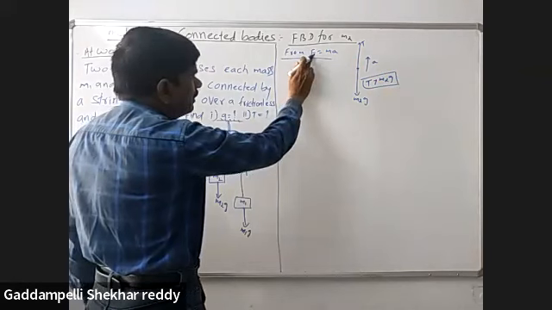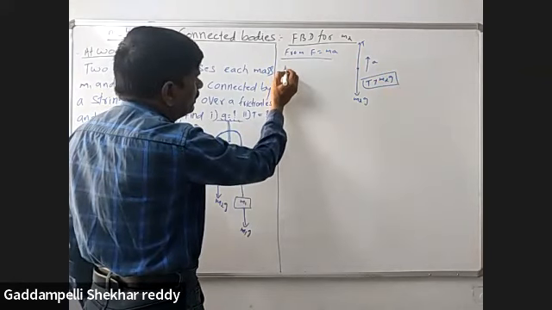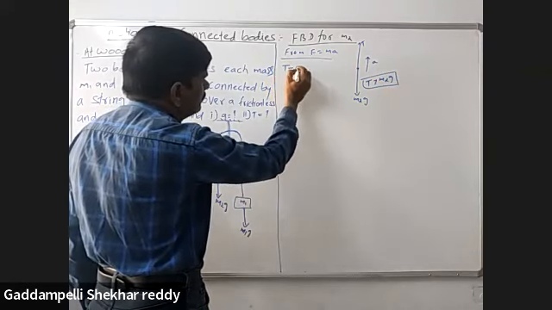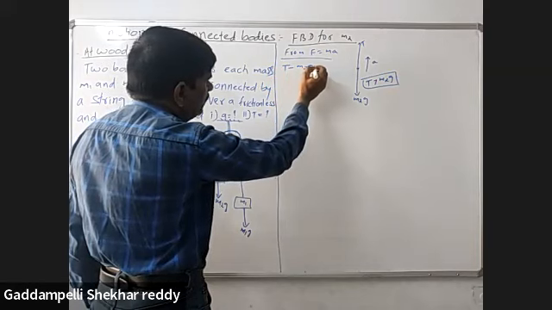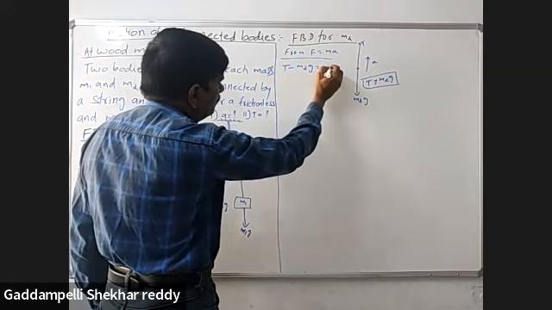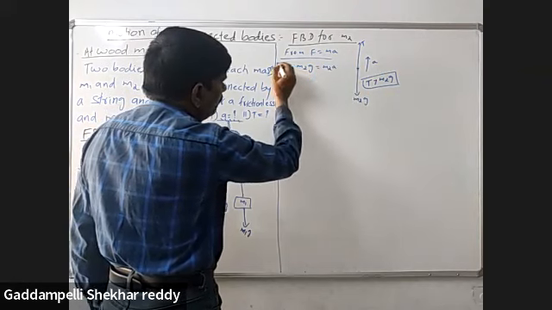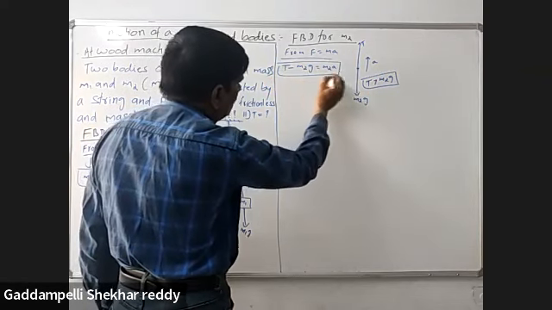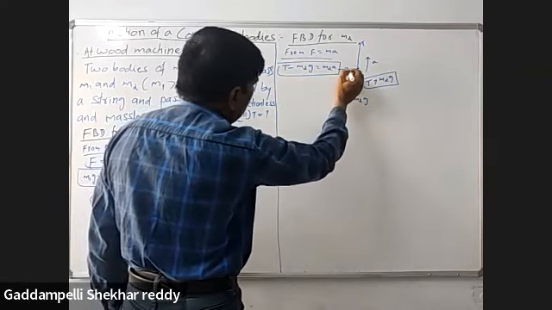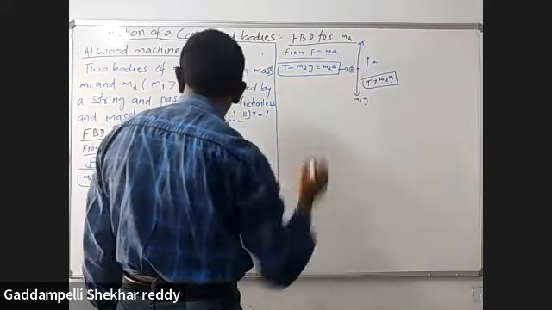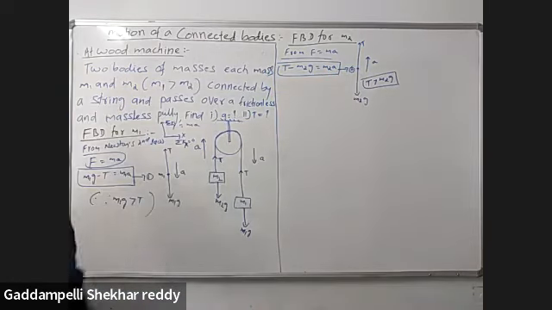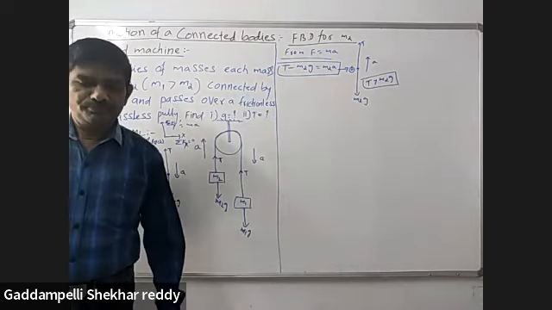So here F is equal to T minus m2g, which is equal to m2 into a. Let it be equation 2. This is equation 1, this is equation 2.